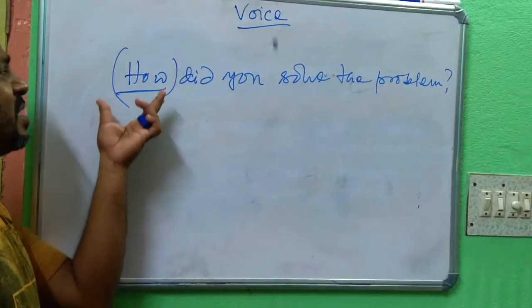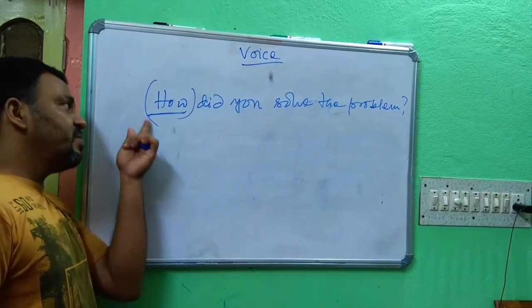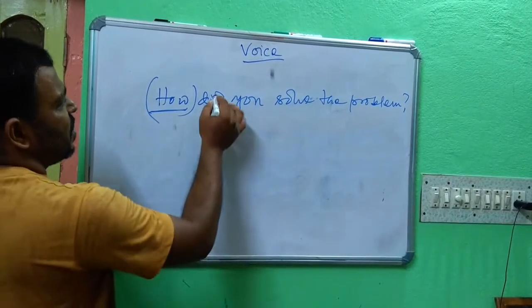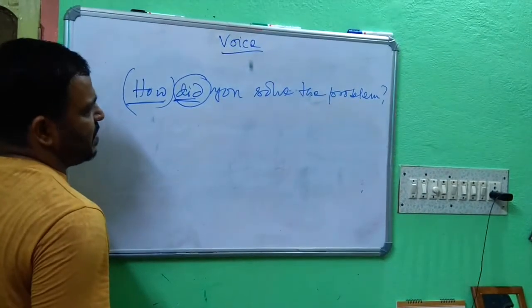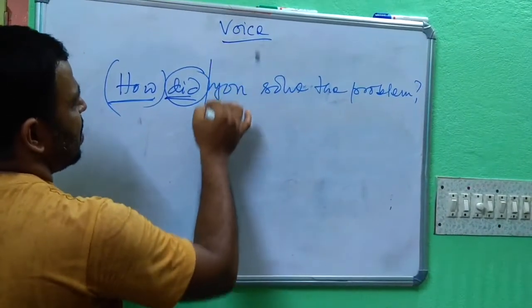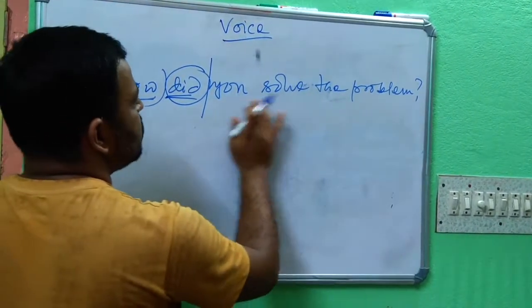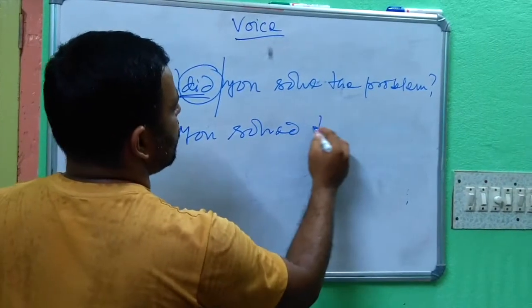There is no function of the word how in passive voice. It remains unchanged and takes its place as it is. So, did functions as past tense. So, there is no function of did in passive voice. That means you solved the problem.